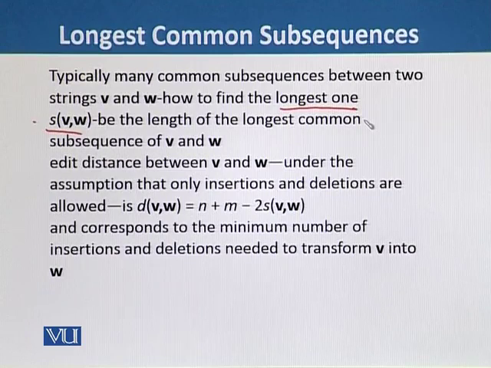If we let s(V,W) be the length of the longest common subsequence of V and W, then the edit distance between V and W, under the assumption that only insertions and deletions are allowed, is d(V,W) equal to n plus m minus 2 s(V,W), which corresponds to the minimum number of insertions and deletions needed to transform V into W.